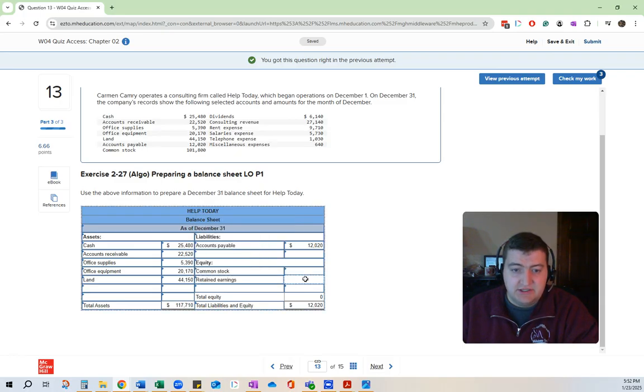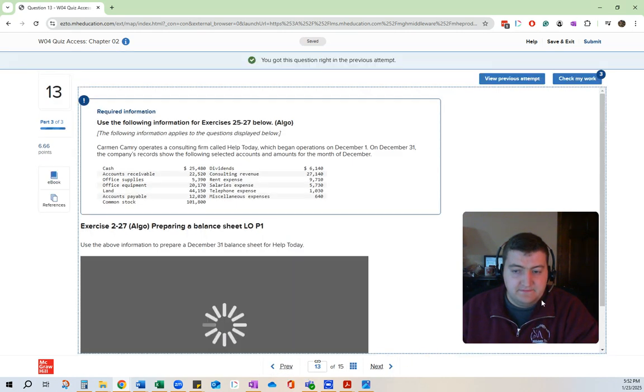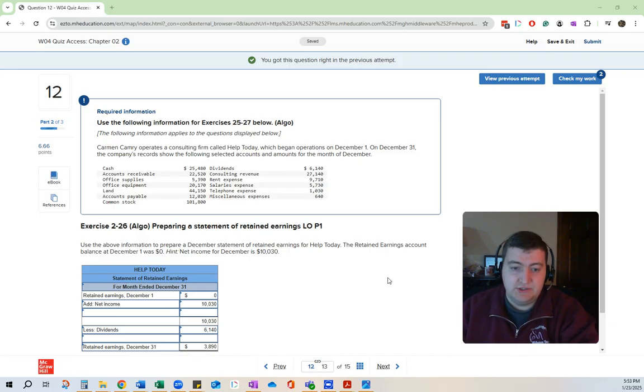our retained earnings calculation from the previous page. So we calculated that we had retained earnings, and we can see here that our retained earnings are $3,890.